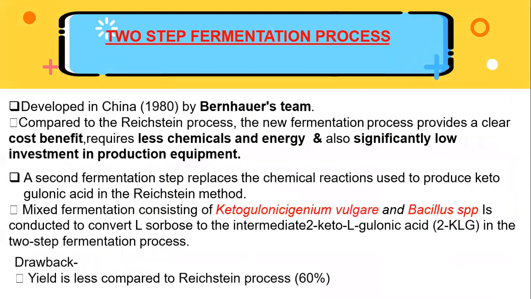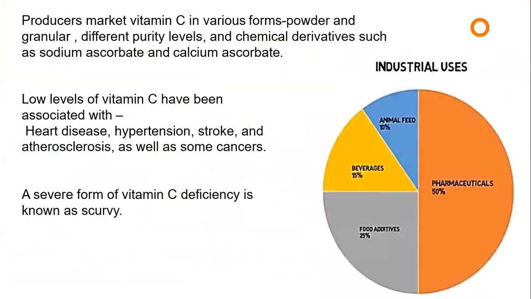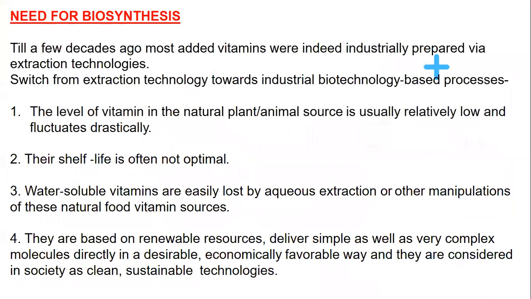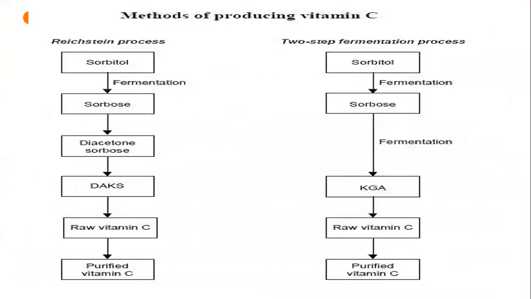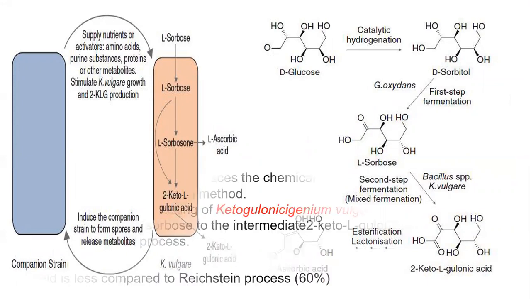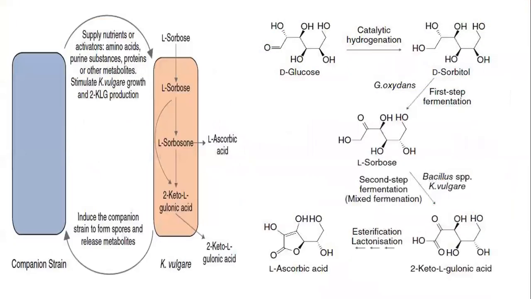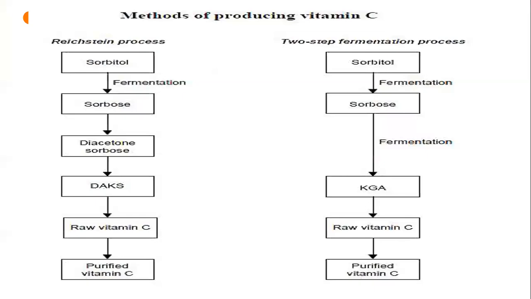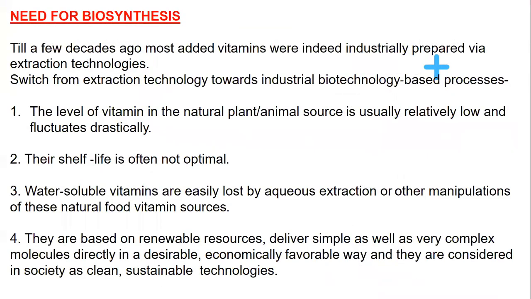Here we discussed two processes, the Reichstein process and the two-step fermentation process. The main highlight was catalytic hydrogenation, followed by microbial fermentation, and either the two-step fermentation process or mixed fermentation or chemical methods to produce 2-KLG, and then lactonization to produce vitamin C.